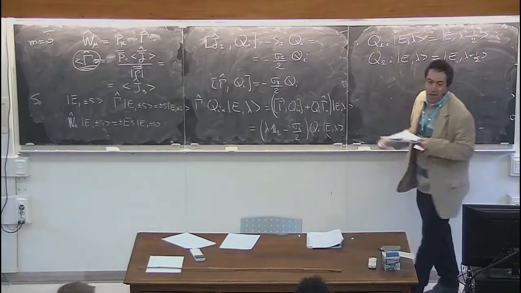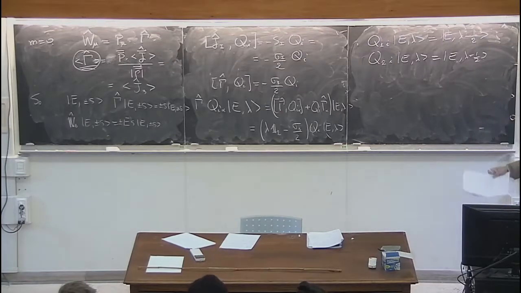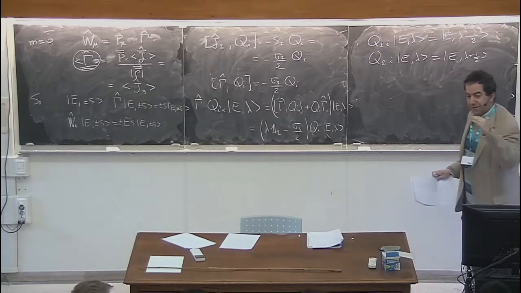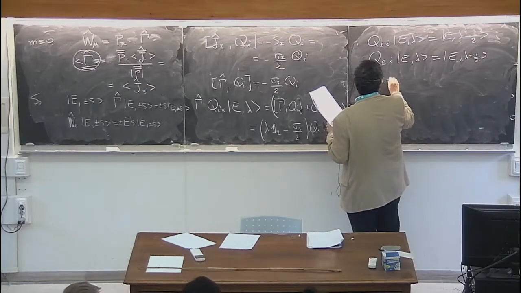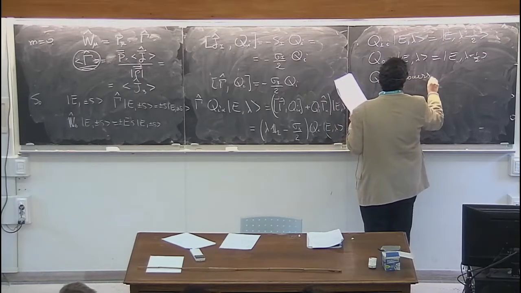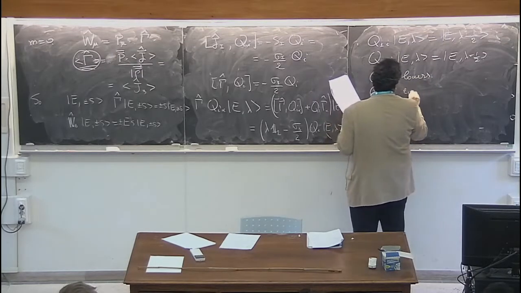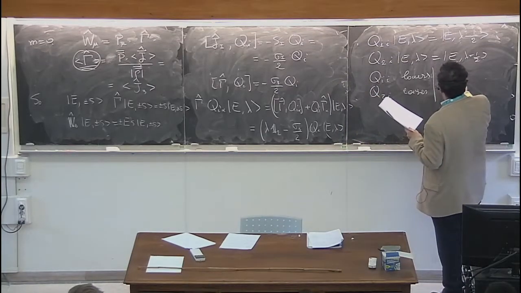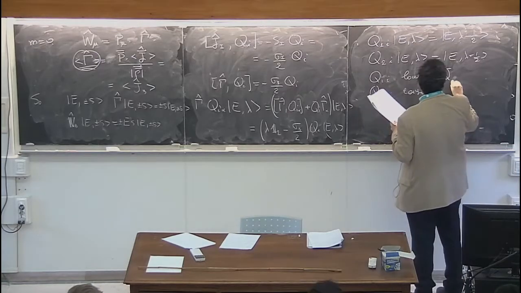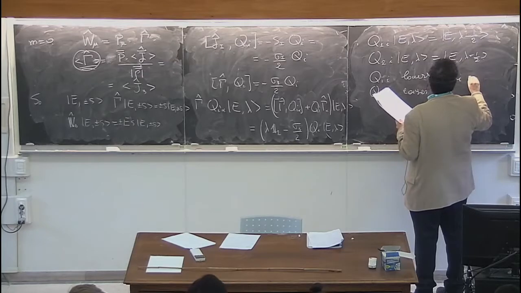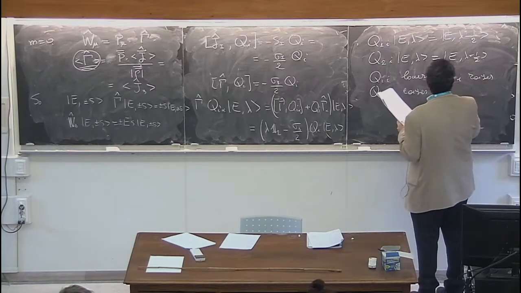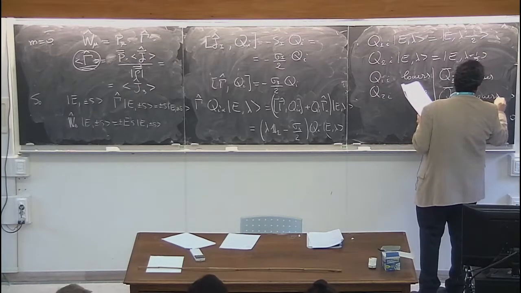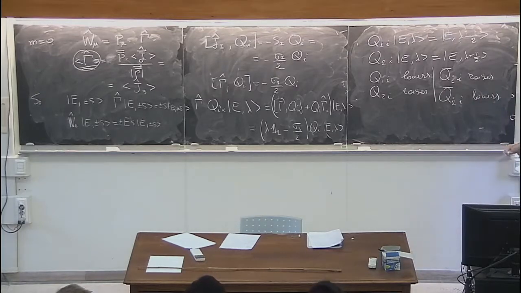So Q1_i lowers the helicity by 1/2, and Q2_i raises the helicity by 1/2. Similarly, Q bar 1 dot i raises, and Q bar 2 dot i lowers. The other way around.